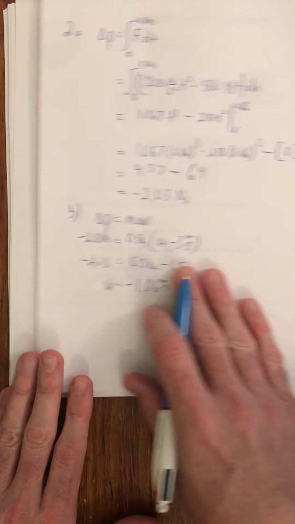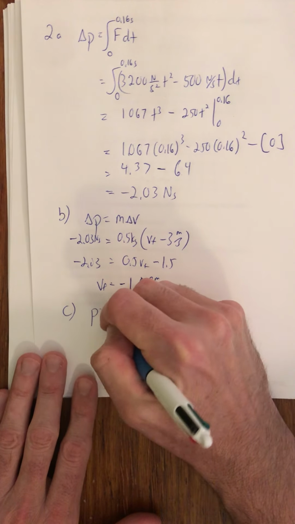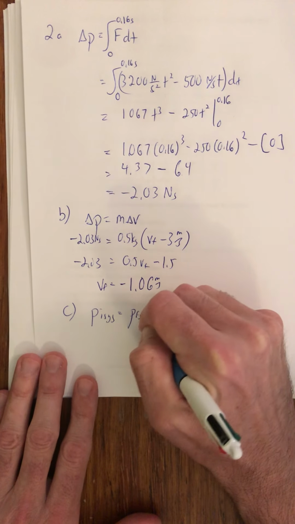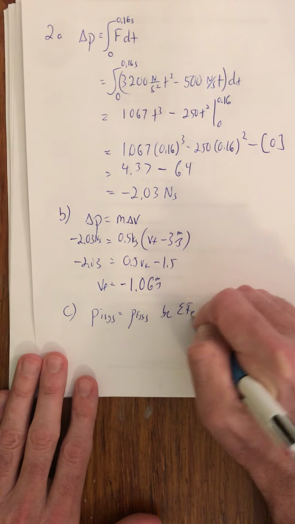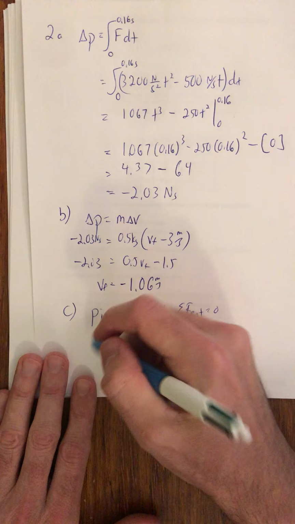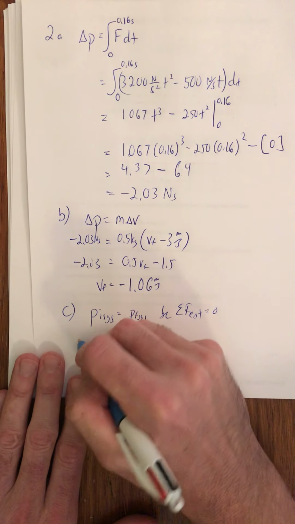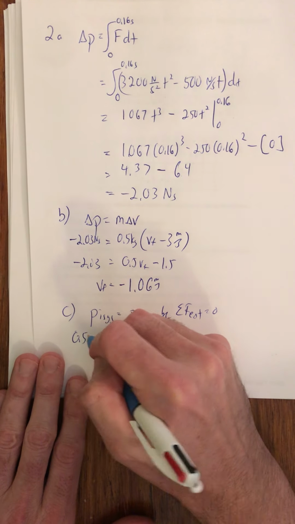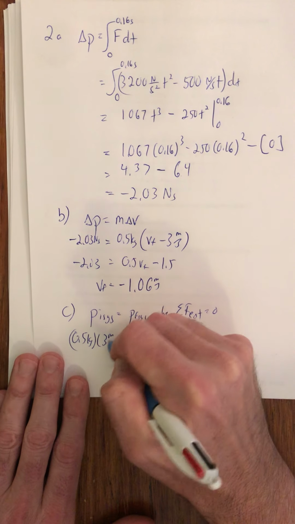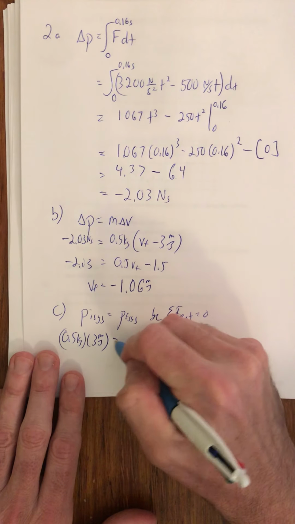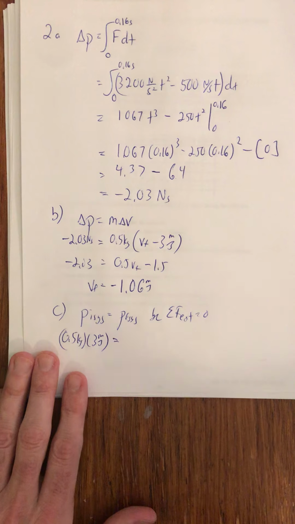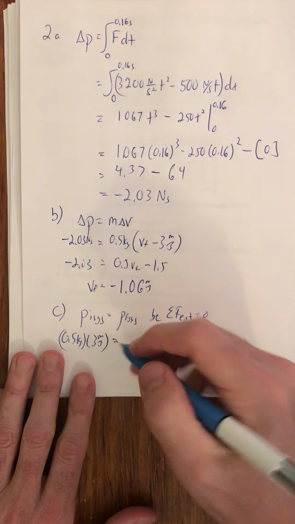C, calculate the speed of cart 2 after the collision. Okay, so nice and simple there. We're just going to go Pi of the system is equal to Pf of the system because the net external force is equal to 0. So the initial momentum of the system is just the mass of object 1, 0.5 kilograms, times its initial velocity, is equal to, and there's a quicker way to do this, by the way, but let's just do it this way.